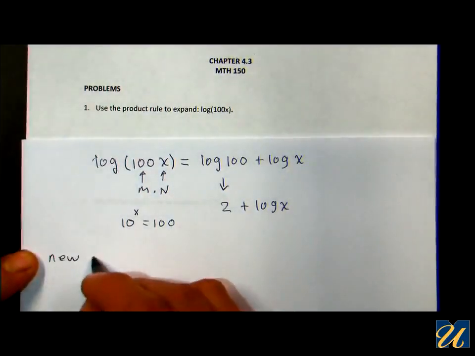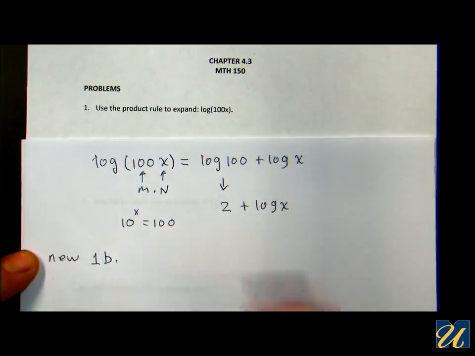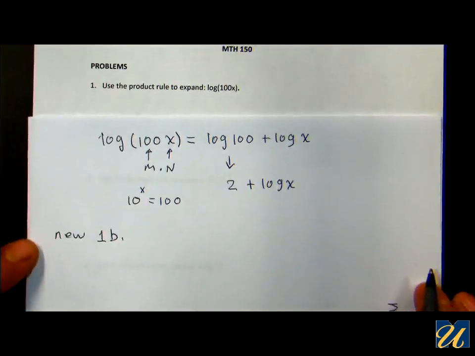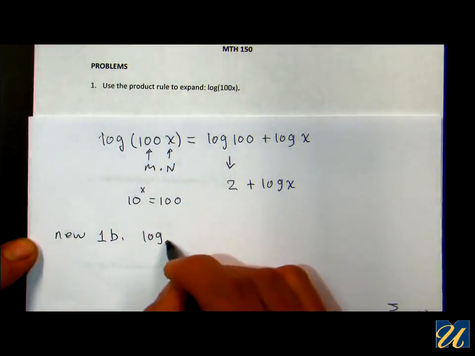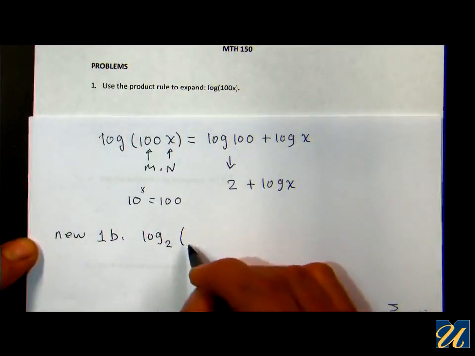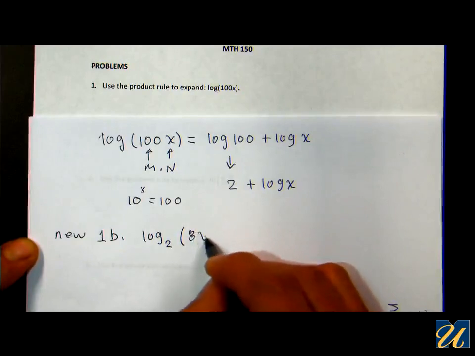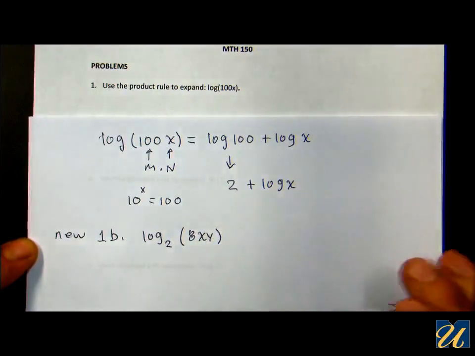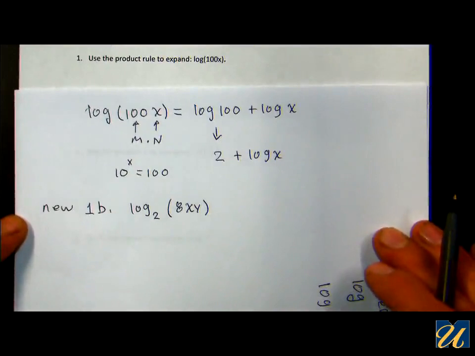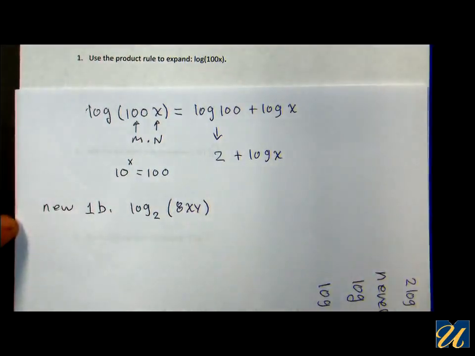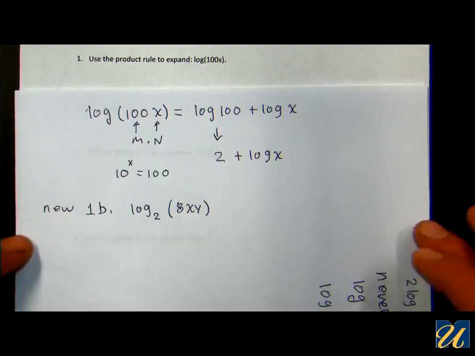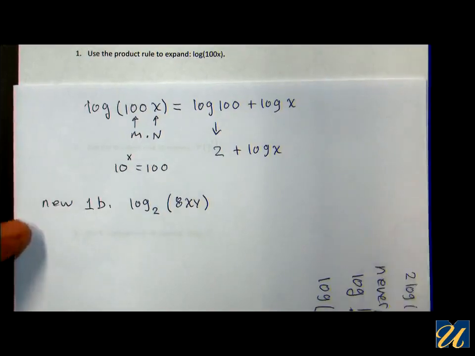Let's do problem 1b. So this is a new one that I'm making up right now. Let's take log base 2 of 8xy. The reason why I make this example is that we have a triple product here. Does the product rule still apply? Yes, it does.